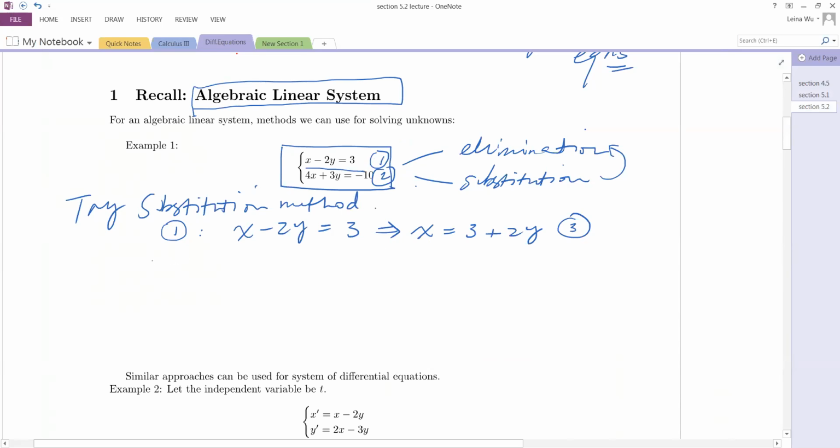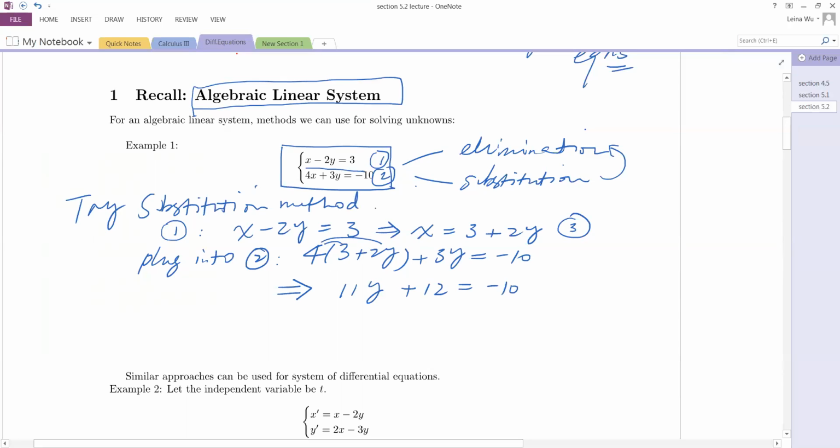Next step. Plug it in. Plug into equation number 2. We have 4 times 3 plus 2y plus 3y equals negative 10. Distributing the 4 and combining the like terms, we have 8y plus 3y, that's 11y, plus 12 equals negative 10. That tells us 11y equals negative 22, y would be negative 2, right?